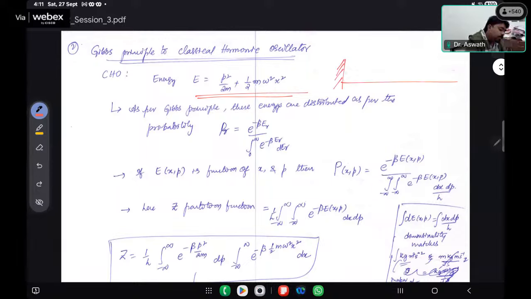It is simply a spring mass system, with mass m and spring constant equal to m omega squared, making an oscillation about some displacement x. If there are several such classical harmonic oscillators, there are several spring mass systems.